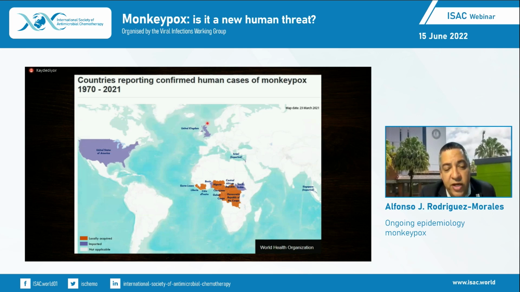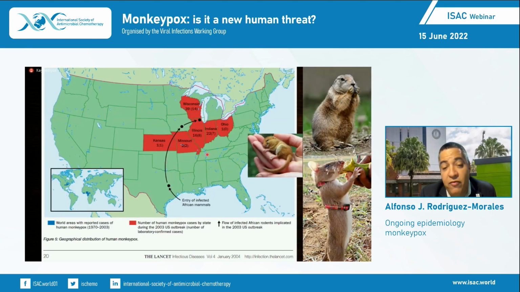From 2003, as has been mentioned, imported cases have been presented in different countries. And probably one of the most important outbreaks outside Africa was precisely the 2003 outbreak in the United States, which was particularly only zoonotic transmission. There was no demonstration of sustained human-to-human transmission.